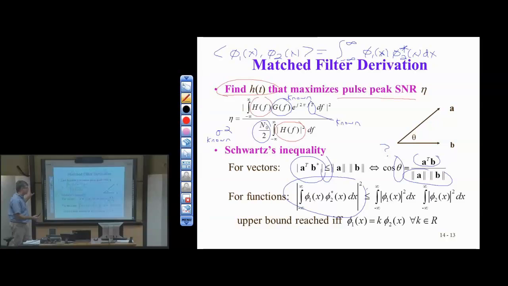This absolute value squared is less than or equal to the inner product of phi 1 on itself times the inner product of phi 2 on itself, which is the same as the above formula here. So this is just the same idea for functions.